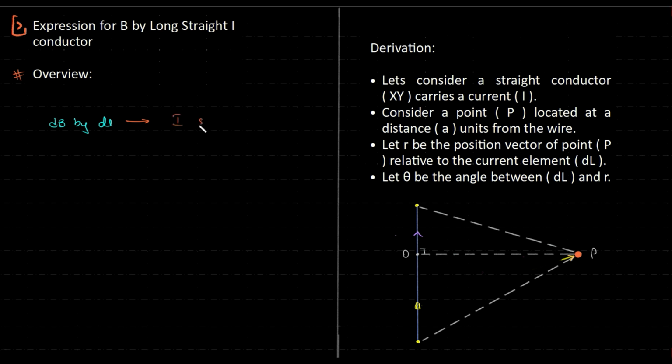Since the current is the same, in terms of amount and direction and everything, if I take any element, the same amount of current, say I, is flowing through it. But what will change? This is what you guys have to tell.